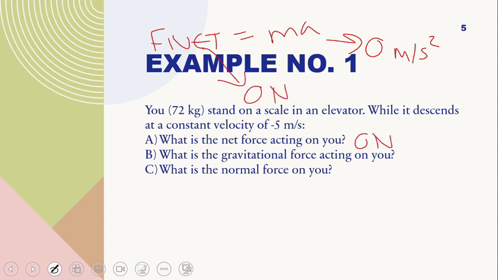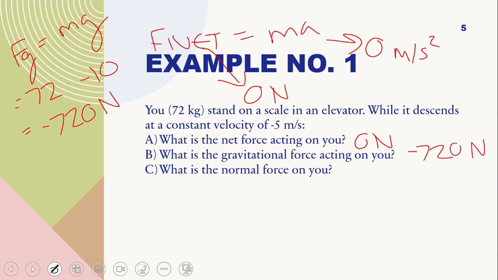For part B, we're asked to find the gravitational force that's acting on you, and we have our equation that the gravitational force is equal to mass times the acceleration of gravity. Your mass is 72 kilograms, and unless you're a character in Charlie and the Great Glass Elevator, your elevator is probably on Earth, where the acceleration of gravity is -10 meters per second squared. So the gravitational force acting on you is -720 newtons.